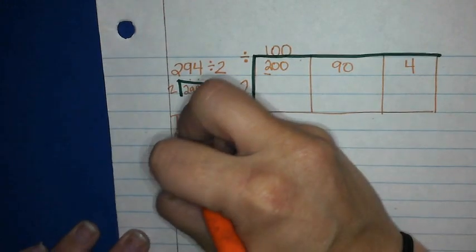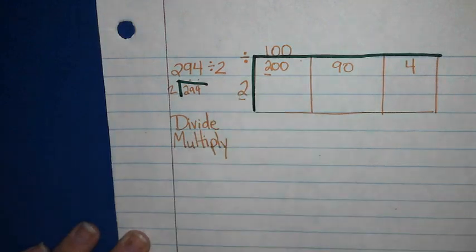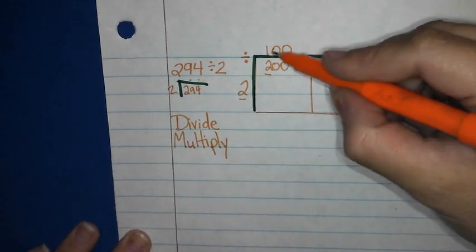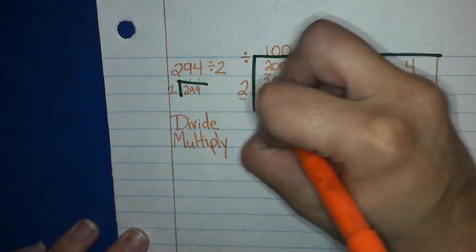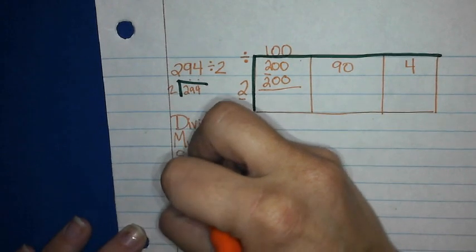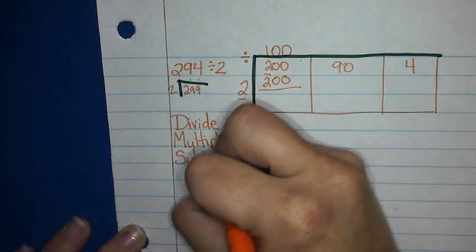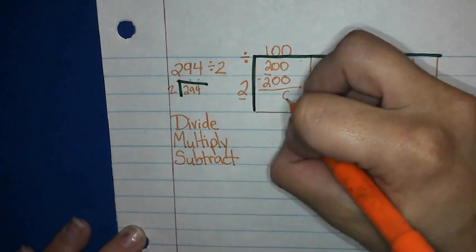Then we multiply. So that's step 2. Divide, multiply. 100 times 2 is 200. Our next step is to subtract. We subtract these numbers, and for this box, we do not have any leftovers.